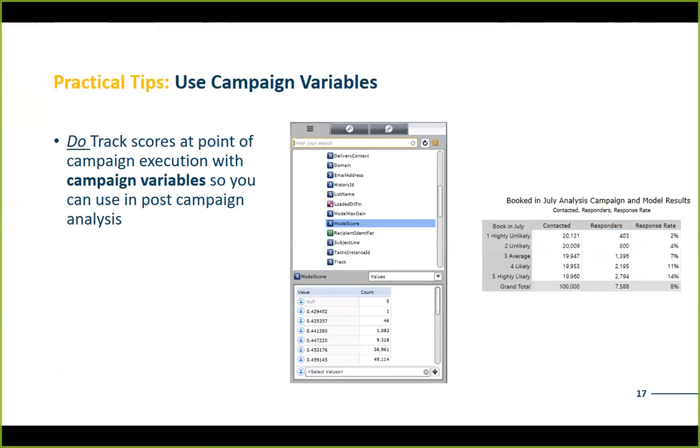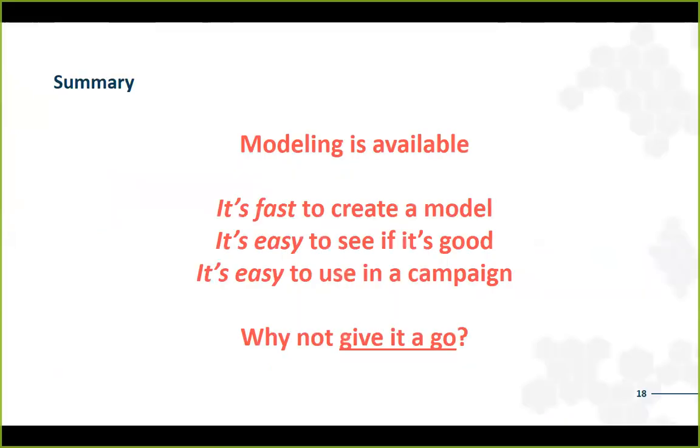So we've covered a lot of ground there, giving you an overview of the product. Just to summarize, firstly, modelling is available. Anybody who's got a browser-based version of Alterian Campaign Manager has modelling available. It's very fast to create a model, only taking a few minutes to generate.